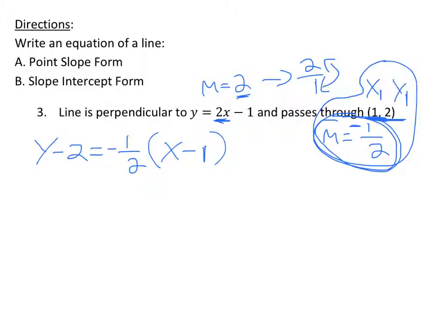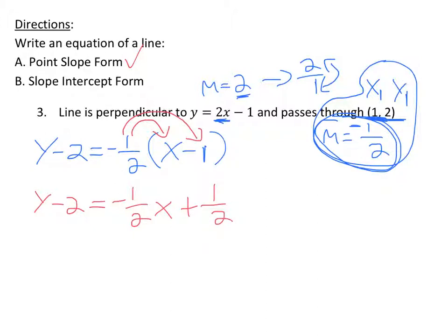And then I want to get y by itself, so I'll put a little check mark. I did it in point slope form. To get it in slope intercept form, I'm going to bring down the y minus 2. I want to get rid of the parentheses by distributing negative 1/2. So negative 1/2 times x is just negative 1/2 x. And then negative 1/2 times negative 1, the two negatives cancel, and it gives me positive 1/2.